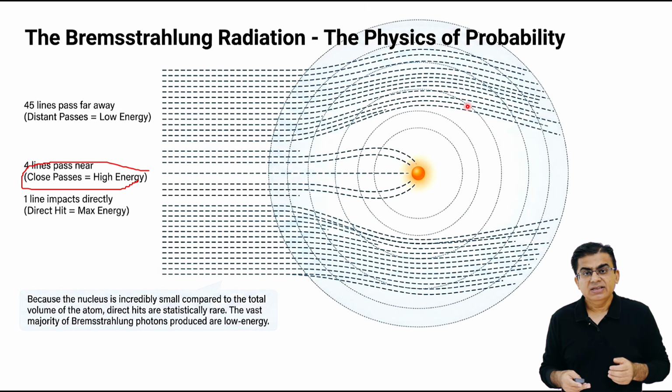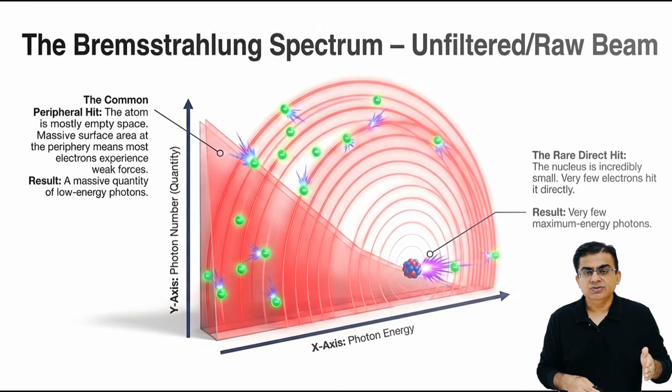This means the vast majority of Bremsstrahlung photons produced inside the machine will always be these low energy X-rays. Now that you perfectly understand this probability, I will teach you how to graph this exact spectrum for your daily clinical use.